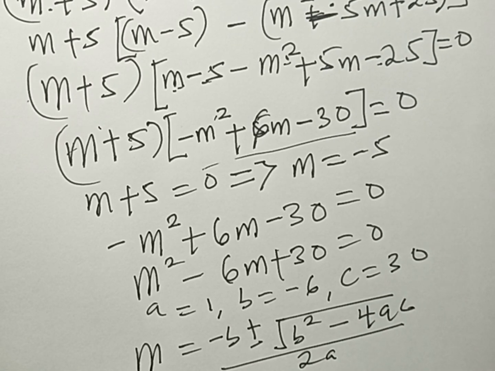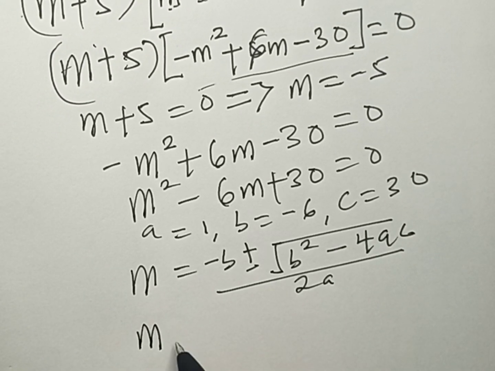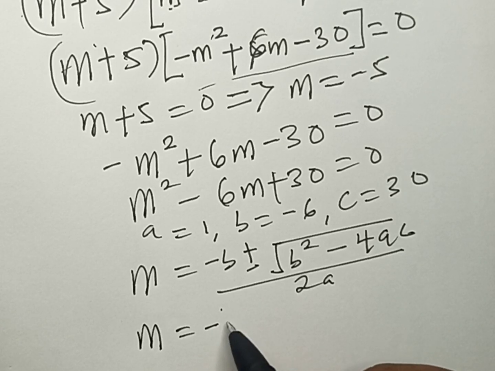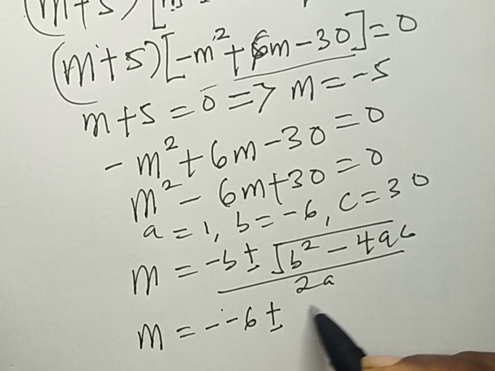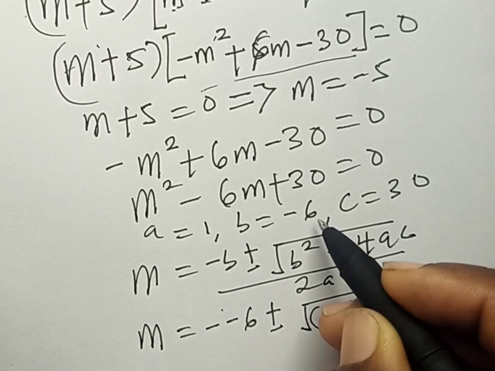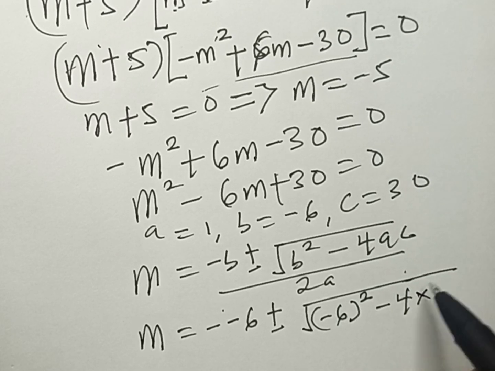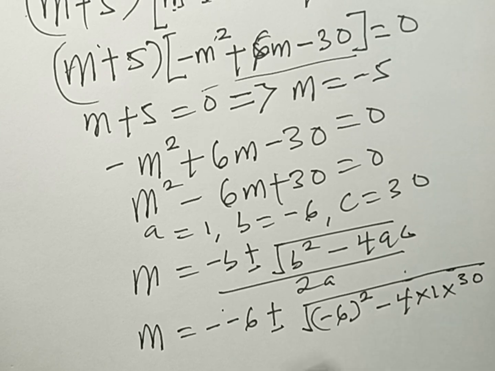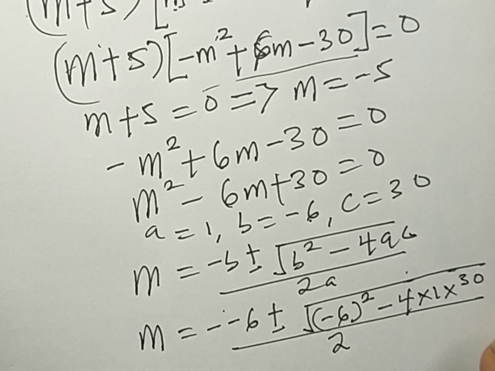So if we apply that, we're going to have m equals minus minus 6, because b is minus 6, plus or minus root of minus 6 square minus 4 times a is 1 times c is 30, divided by 2a. 2 times 1 is 2.